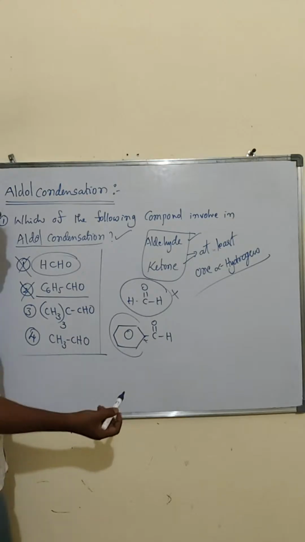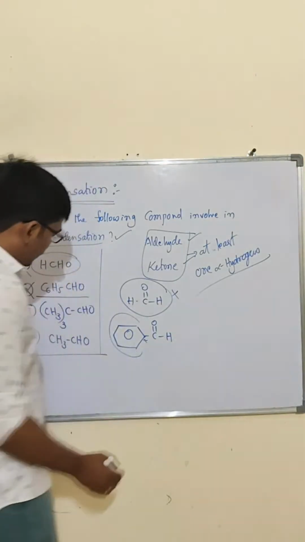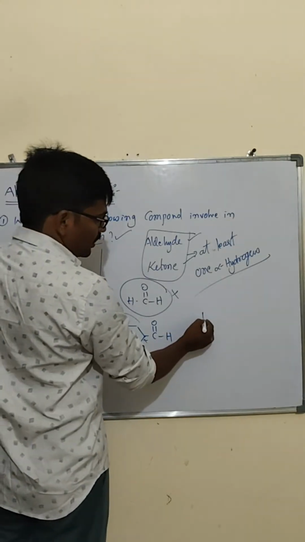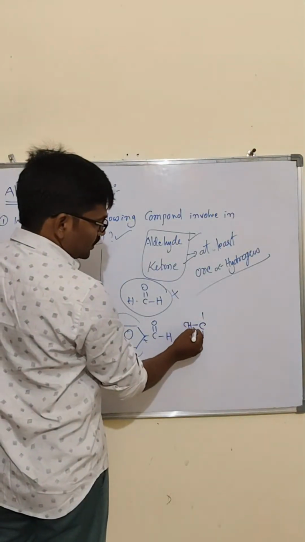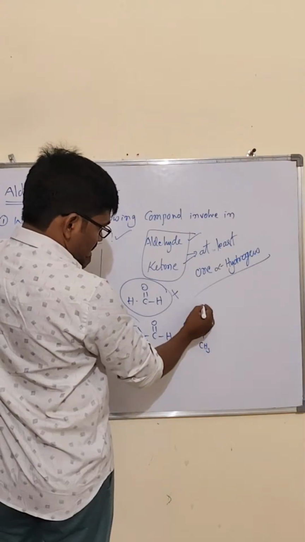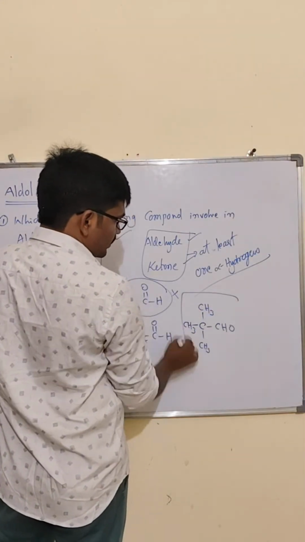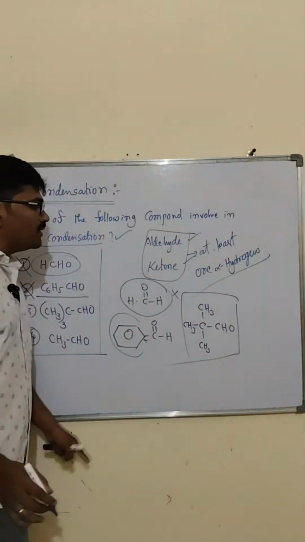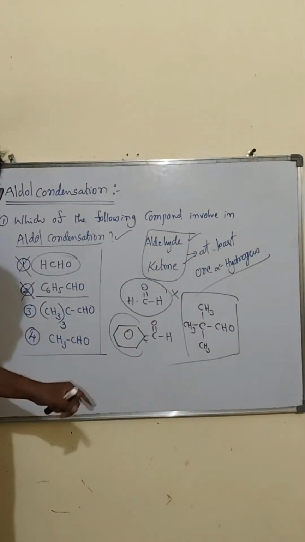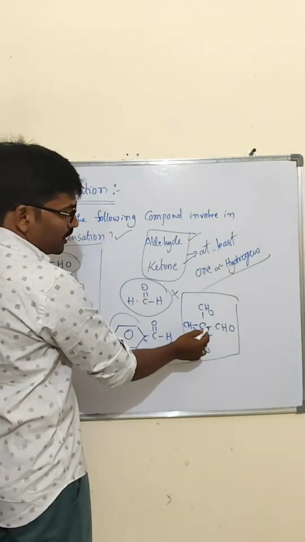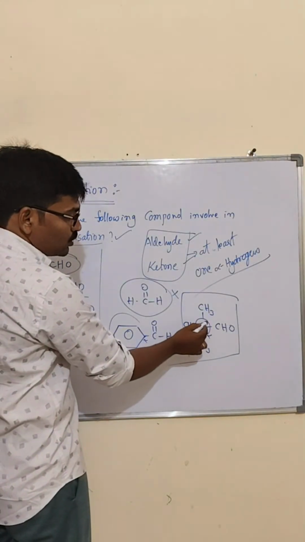If you come to the third one, (CH3)3CCHO. A carbon is attached with 3 methyl groups, then CHO. Is this compound involved in the aldol condensation or not? It won't be involved, because the alpha carbon is there, but that alpha carbon has no hydrogen atoms.